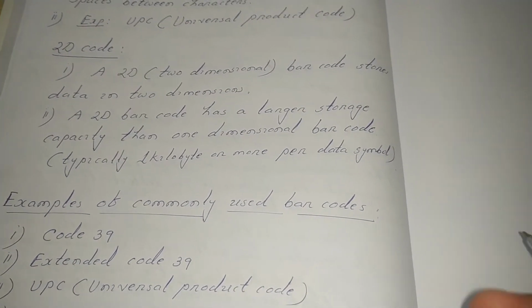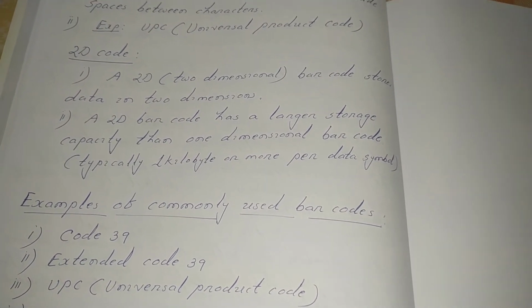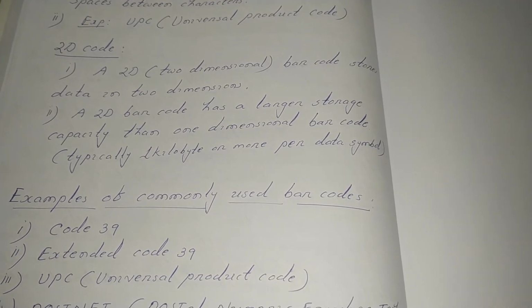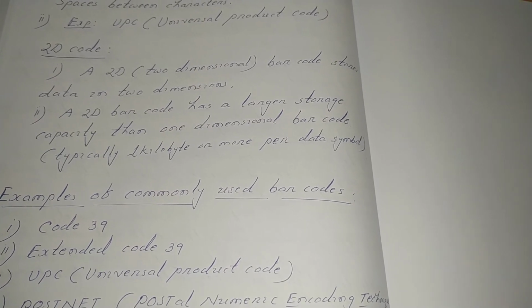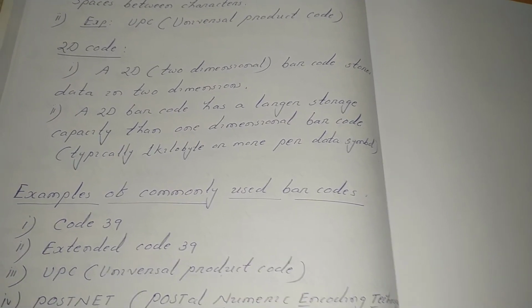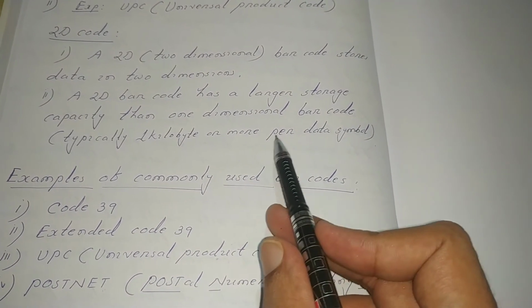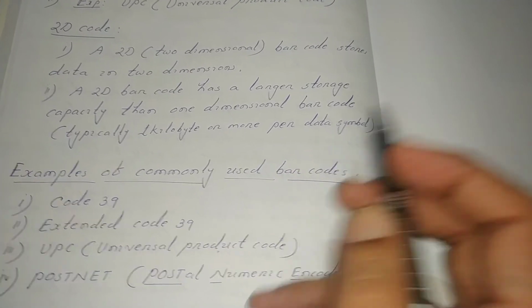Instead of storing the information in only one axis or one dimension, like in a linear barcode, here the information is stored in both axes, and it has a very large storage capacity compared to the 1-dimensional barcode, typically 1 byte or more per data symbol.